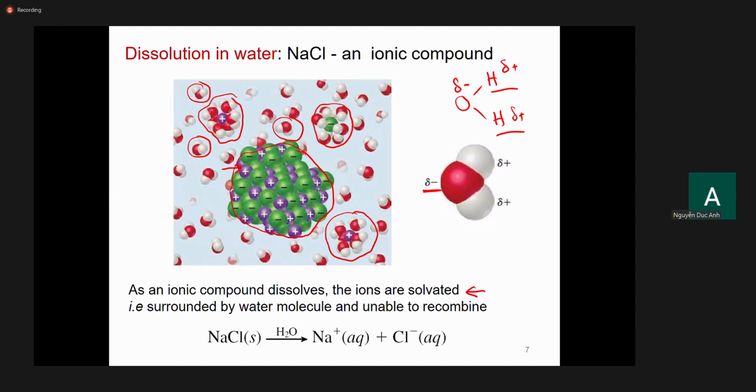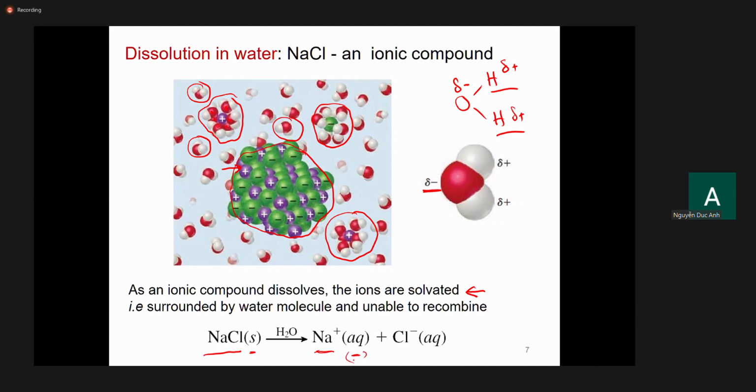So in the normal way, the process of dissolving sodium chloride in water will be written like this: sodium chloride, solid form, put into the water, becomes sodium plus (aq).